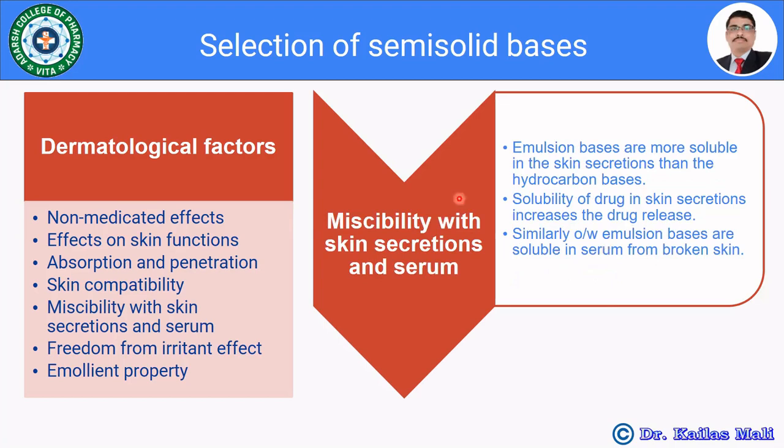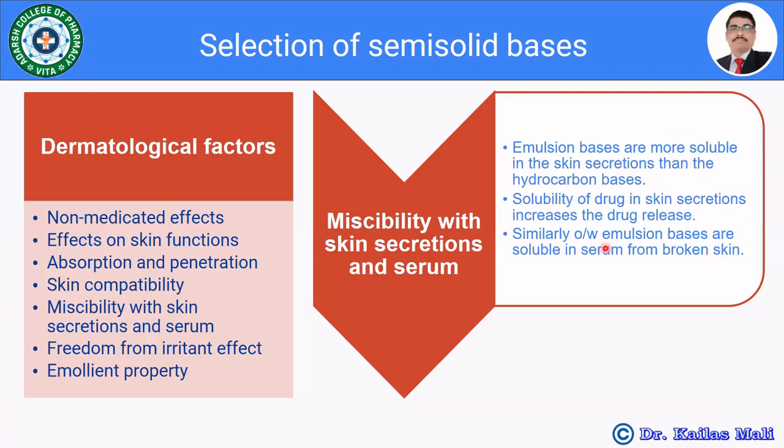Then miscibility with the skin secretions and serum. Emulsion bases are more soluble in skin secretions than the hydrocarbon bases, as skin secretions are aqueous in nature. So obviously they are going to dissolve better in the emulsion bases than in the hydrocarbon bases. Solubility of the drug in the skin secretion increases the drug release.